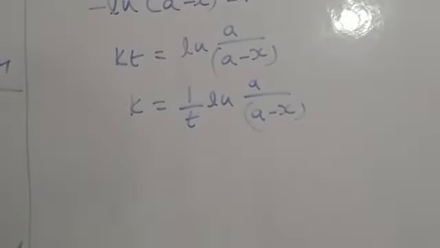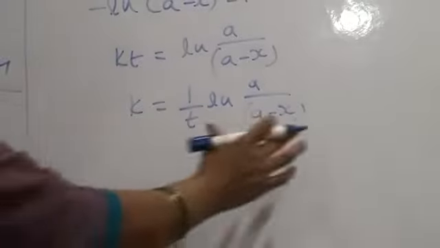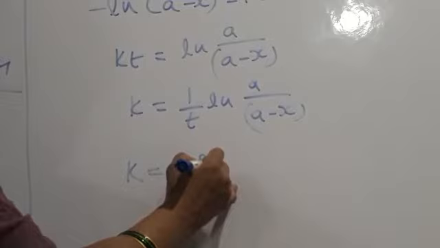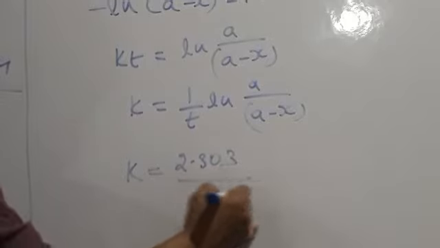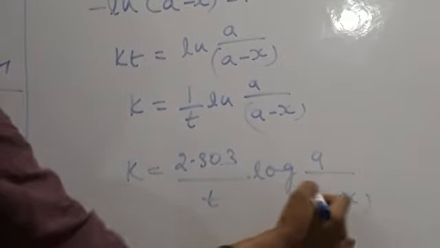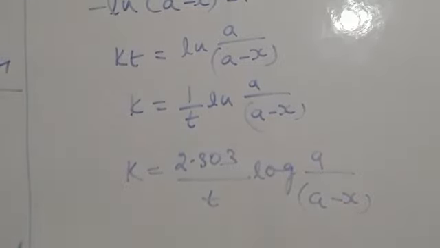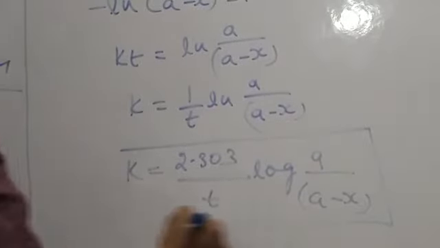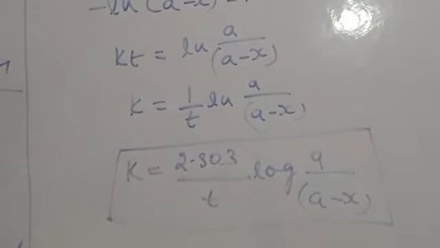Then in log form, we can write the same equation as k is equal to 2.303 by t log a by a minus x.